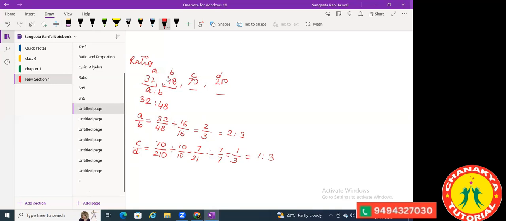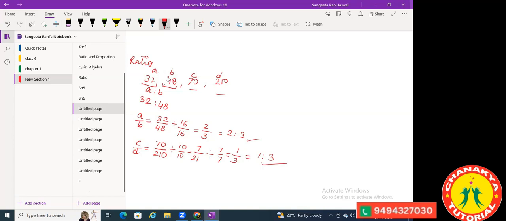Hridesh, back. Now see, you learned about these two ratios. Now I'm moving one step ahead. Next is proportion. What is proportion?